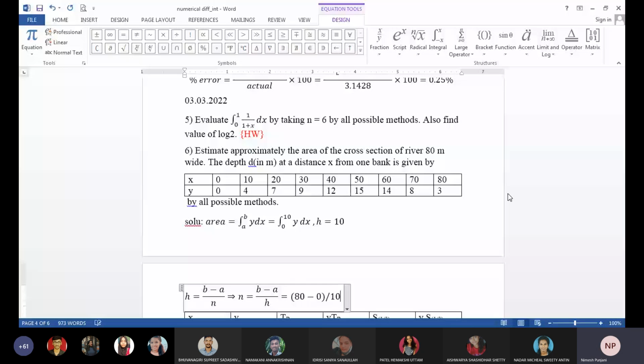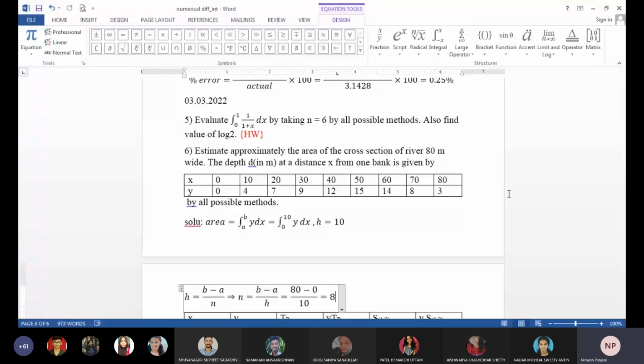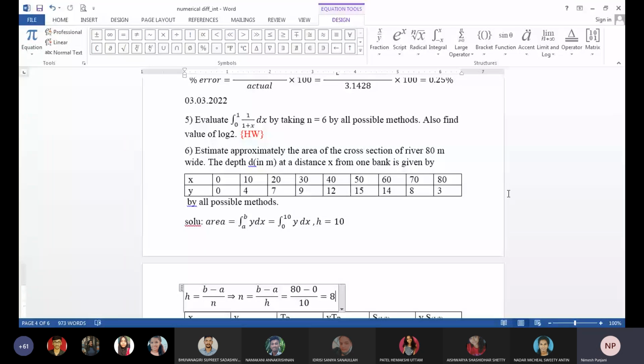Like this also you can find your n, or else what Sweetie had answered: 9 points are given, that means your n, that is the number of parts, would be 8.